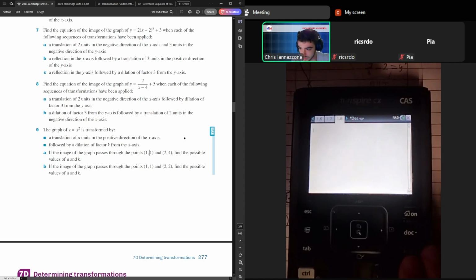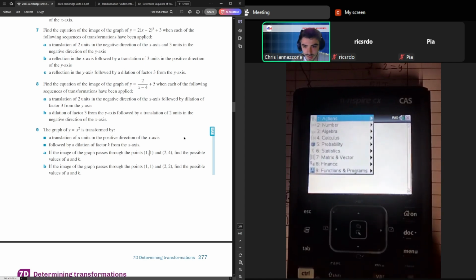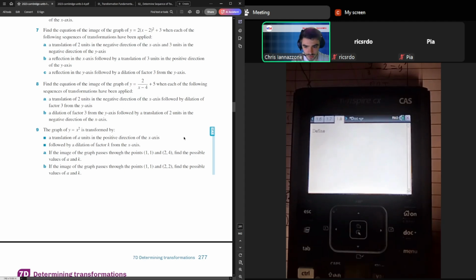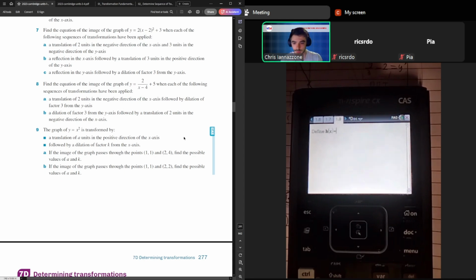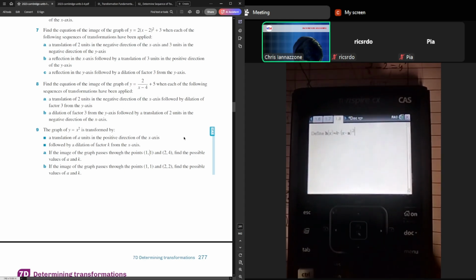But okay, for simultaneous equations, my first recommendation is to start by defining your function. It's menu 1, 1 for define, or you can just click through the menus. Call your function whatever you want, just some letter, bracket x, and then plug in the unknowns into that. So you're going to have your k times bracket x take a all squared.